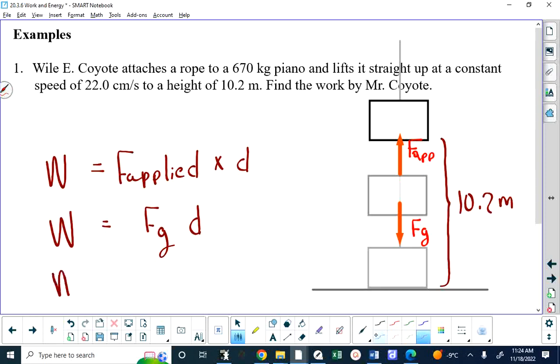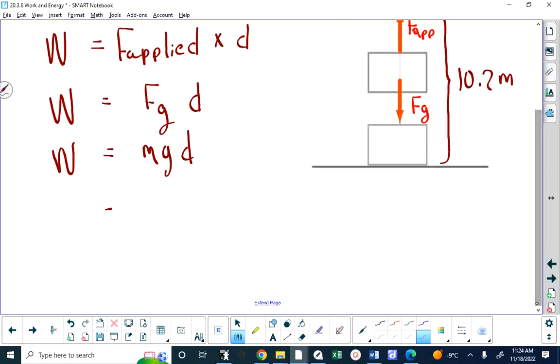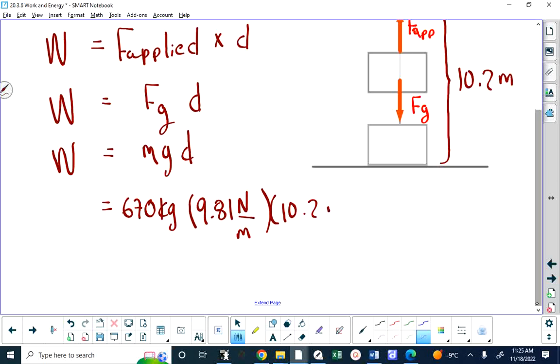Let's just keep building this. The force due to gravity is mg. So the work done in this case is mgd. We just take the mass of the piano times 9.81 newtons per kilogram times 10.2 meters. That's 670 kilograms times 9.81 newtons per kilogram multiplied by 10.2 meters.